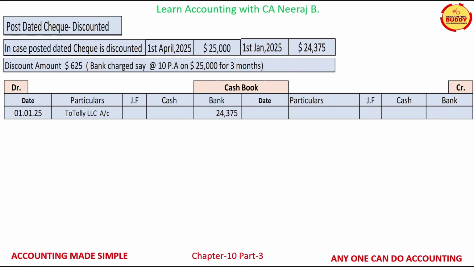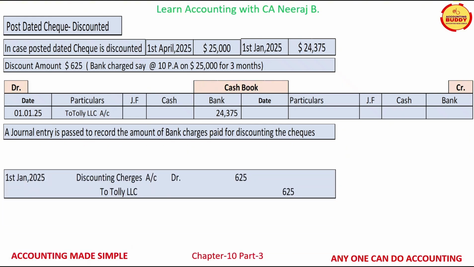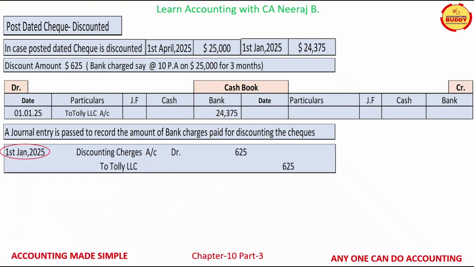The net amount of $24,375 received will be recorded on the left hand debit side of the cash book on 1st of January 25 by writing the words to Tully account. A journal entry is passed to record the amount of bank charges paid for discounting the check. On 1st of January, the entry is passed by debiting discounting charges account and crediting Tully's account for $625.